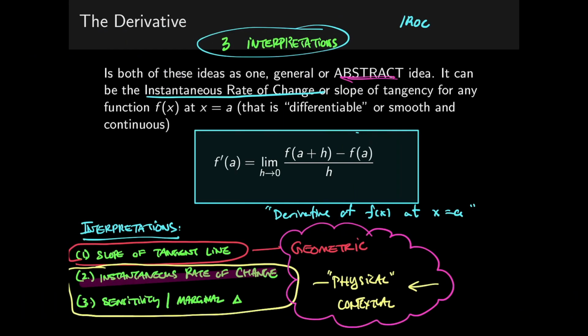So the derivative has 3 interpretations. It's the limit of the slopes of the secant lines. It's the instantaneous velocity. It's the sensitivity or marginal change. It's all of these things and more. It's an abstract idea, and this will be the fundamental concept for the rest of the course.